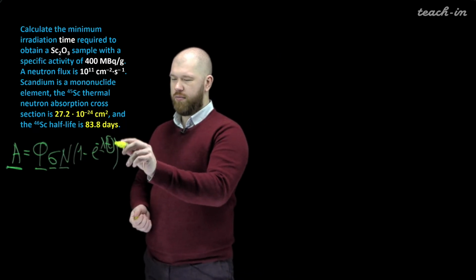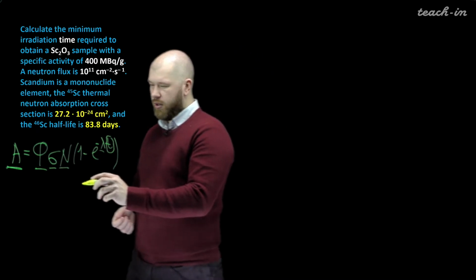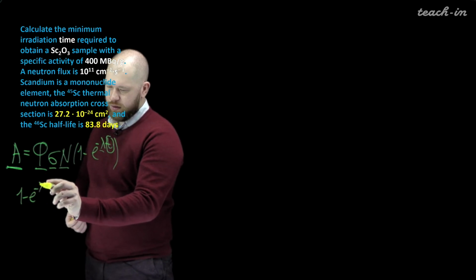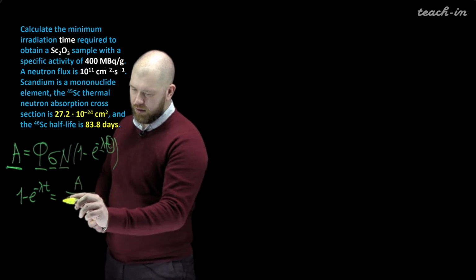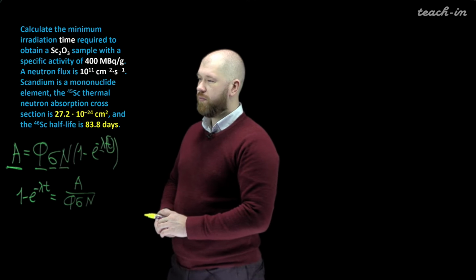So let's take this time from our equation. First of all, it will be like this: activity divided by all these parameters.